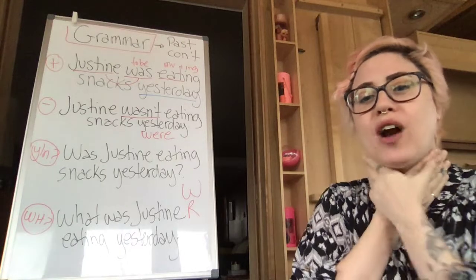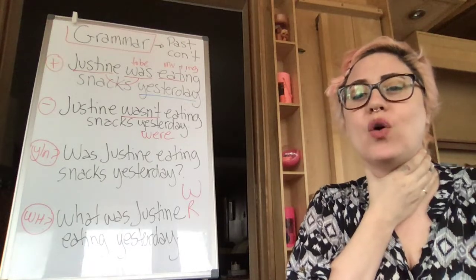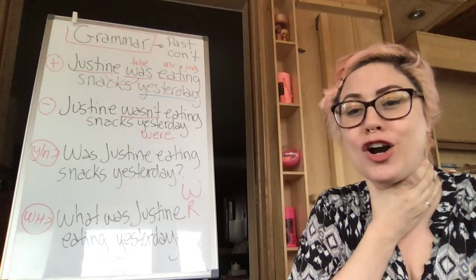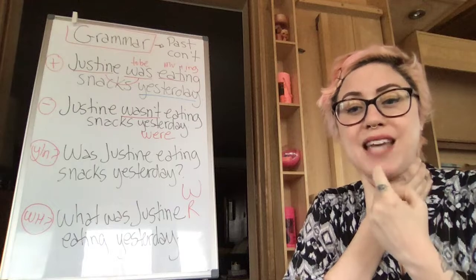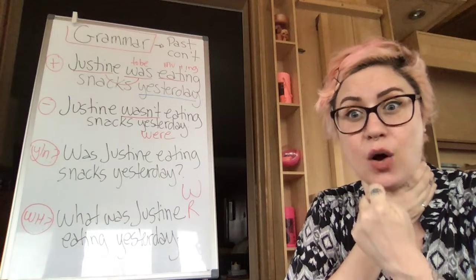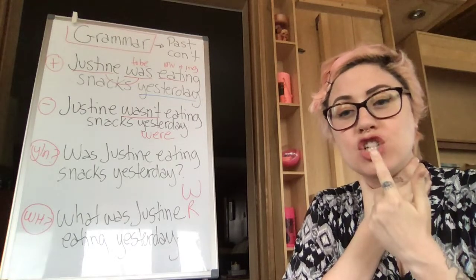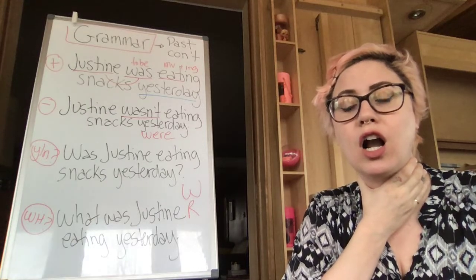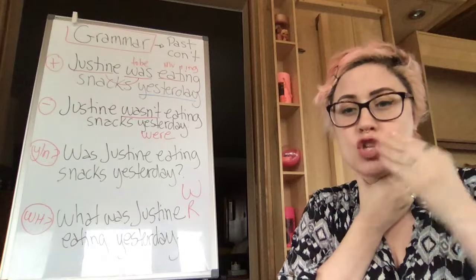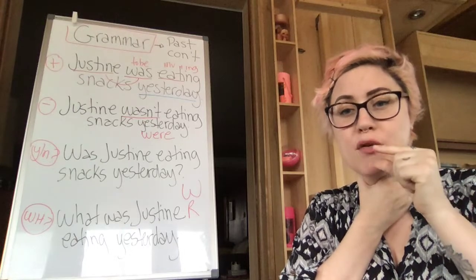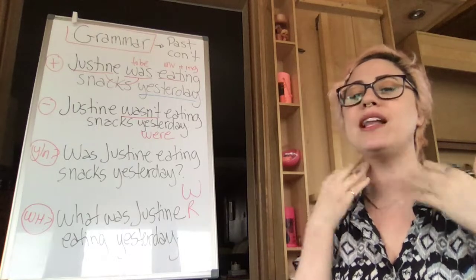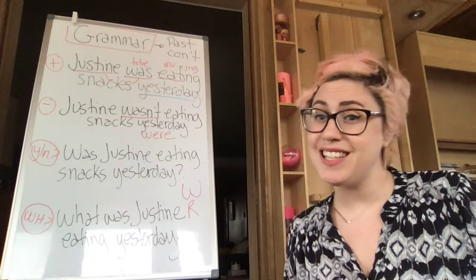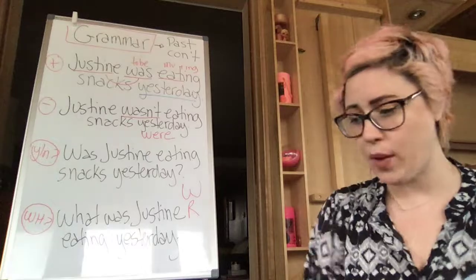Actually, if you put your hand on your throat and go were, and my mouth does this, my tongue is down in my mouth. If you touch your tongue to the top of your mouth, it makes a strange sound. So your tongue must stay down, your mouth slightly open, and the sound is right here. Were. Okay, so wasn't and were. Okay, cool.